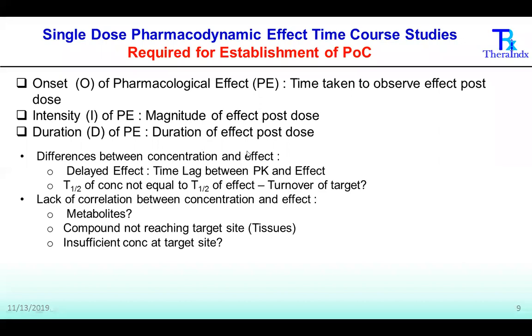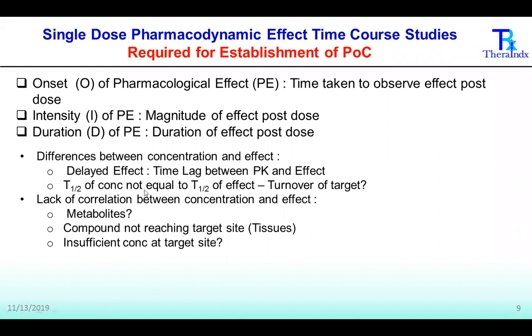By performing such a study, important information can be gleaned. For example, there could be differences between concentration and effect. The delayed effect could manifest in terms of a lag between peak compound concentrations in plasma and the effect observed.